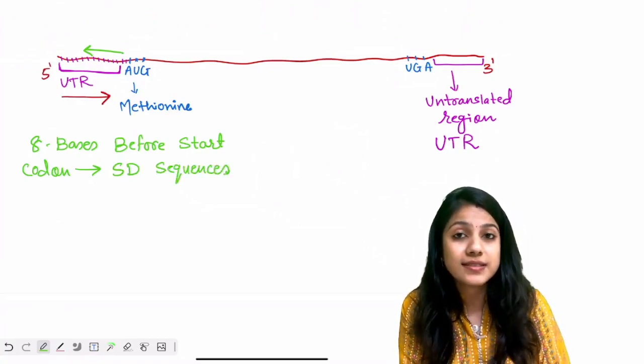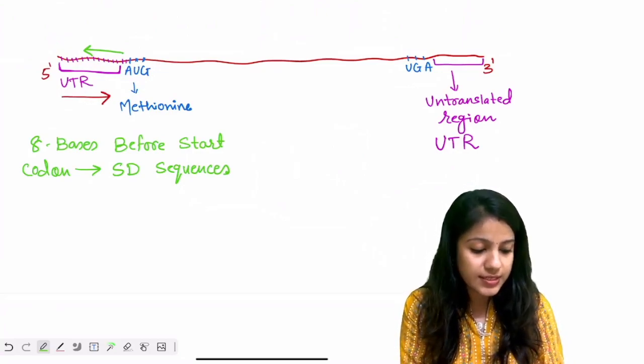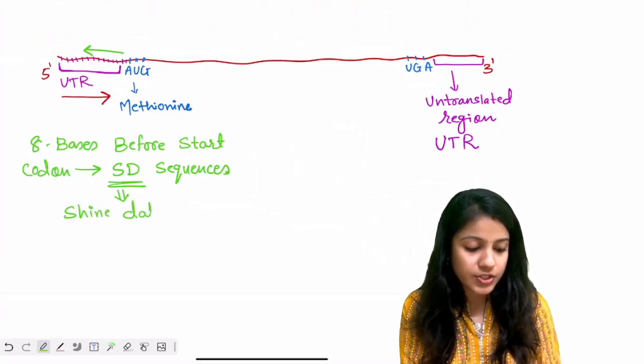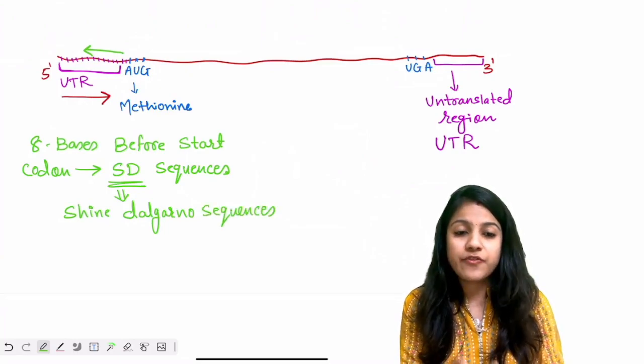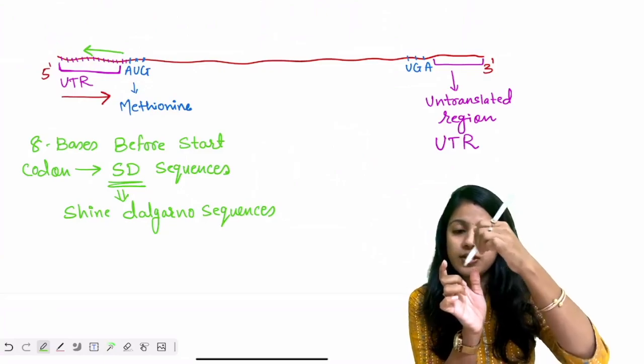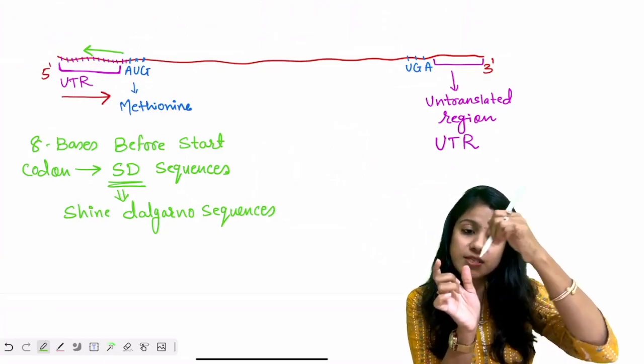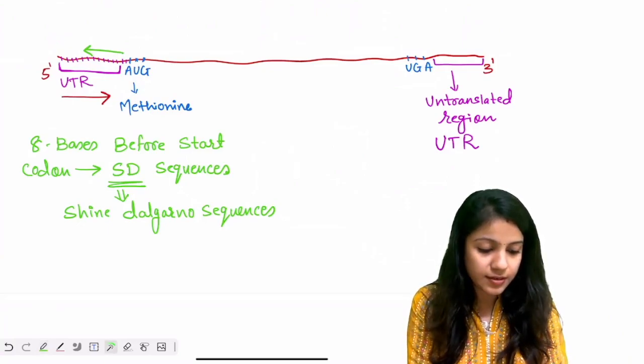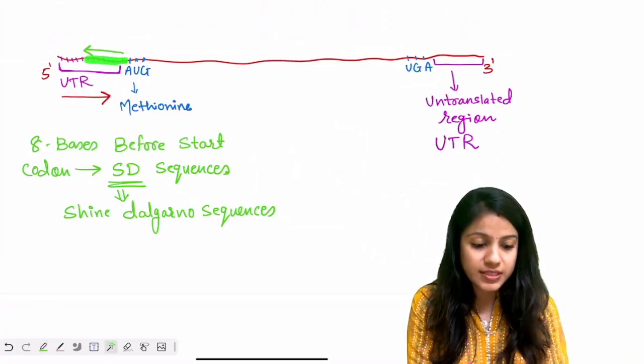Now, what are these SD sequences? These SD sequences are nothing but called Shine-Dalgarno sequences. Say, for example, here the start codon is there. Before the start codon, if you go back here, leave 8 bases.